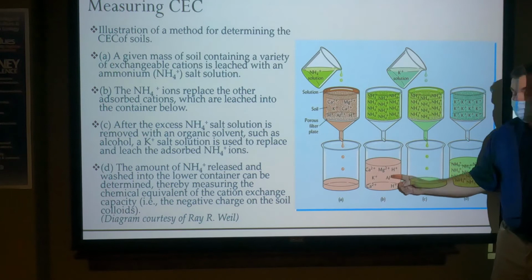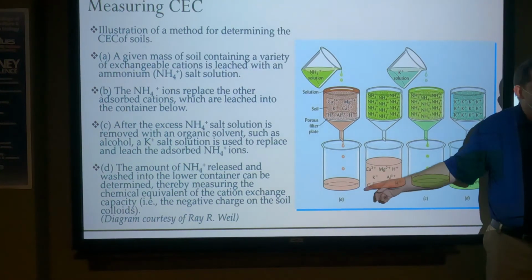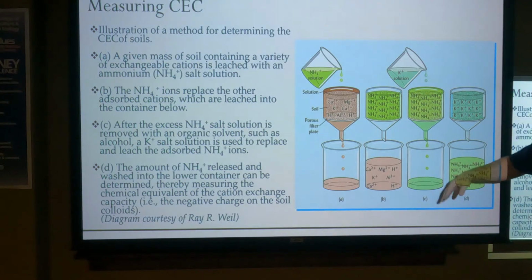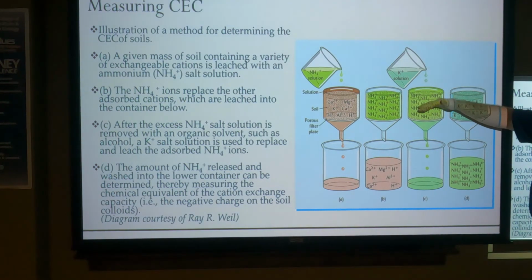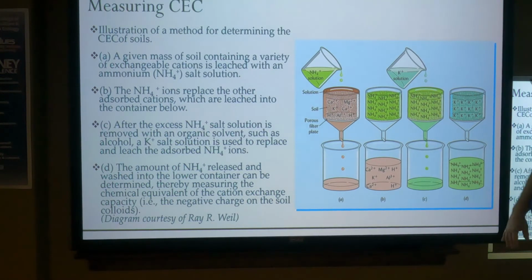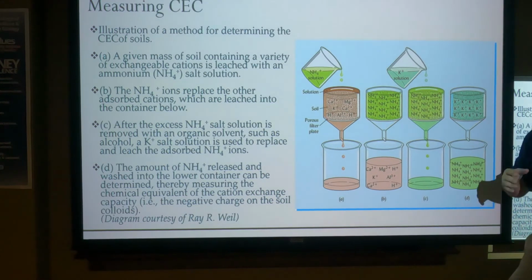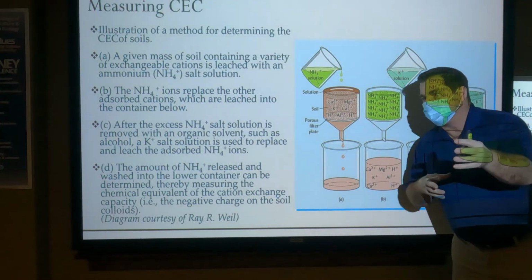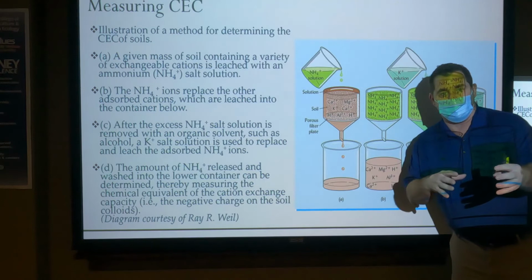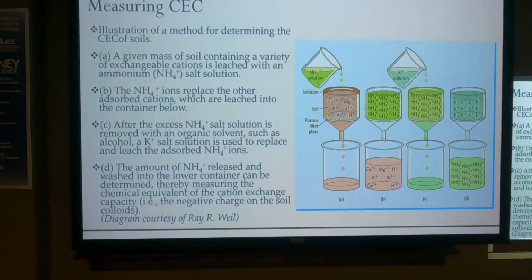They will measure this solution to determine what cations are available and at what concentrations. Next, they'll come back with a potassium solution to exchange the ammonium off, and then they'll measure the ammonium as well. It's kind of like a mass balance. What was there before, what was there after, and they'll determine how much might be left here.